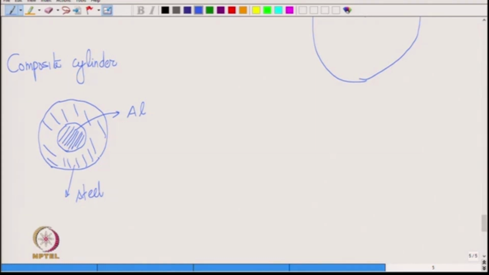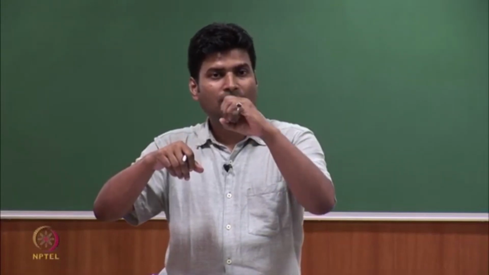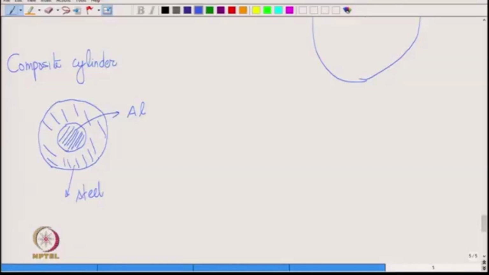So, when you twist this cylinder, the cross section as a whole is going to rotate. Okay. So, the shear strain gamma theta z would still be omega over L times the radius.